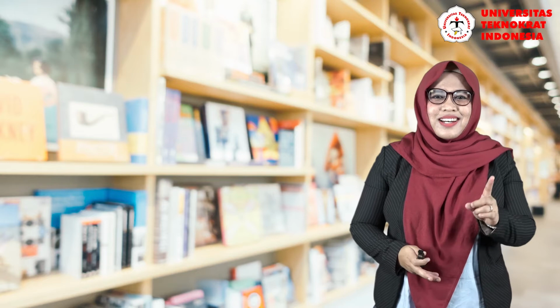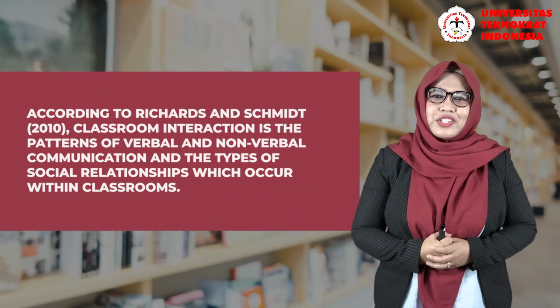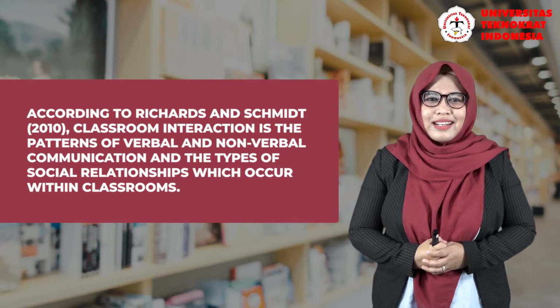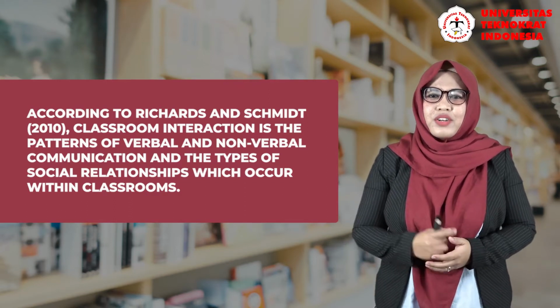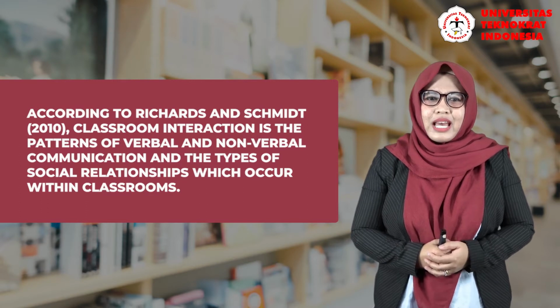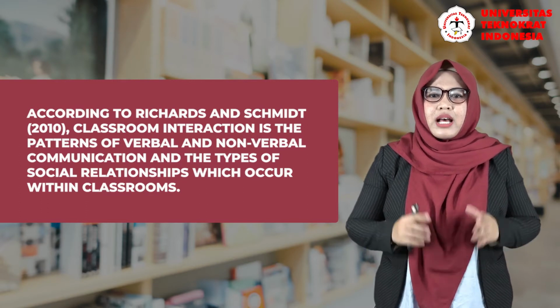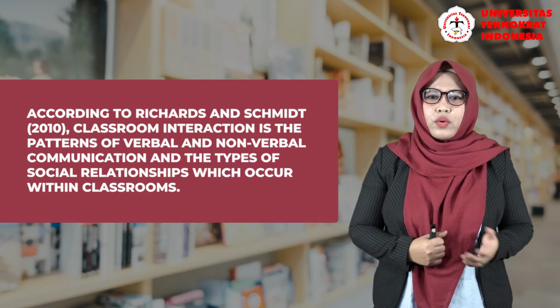Alright, just now I mentioned the definitions of interactions. What about classroom interactions? According to Richards and Smith 2010, classroom interaction is the patterns of verbal and non-verbal communications and the types of social relationships which occur within the classroom.